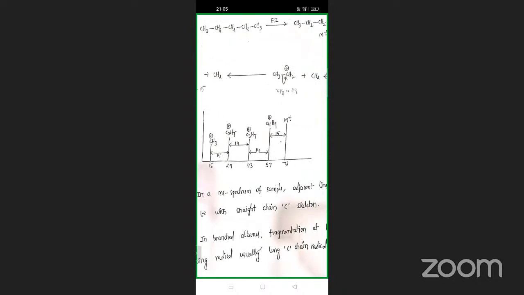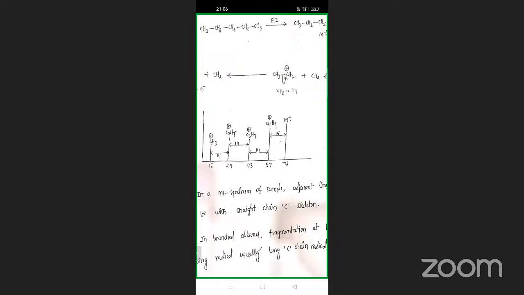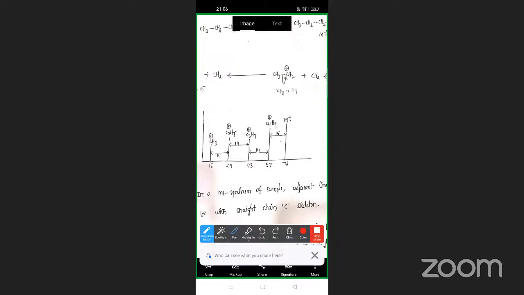So when you remove in this manner, it is easy to recognize the fragment ions here. Here you see all the fragment ions with 14 mass difference. You can see 72 is the molecular ion, right? And with 15 mass difference, C4H9, it is 57.